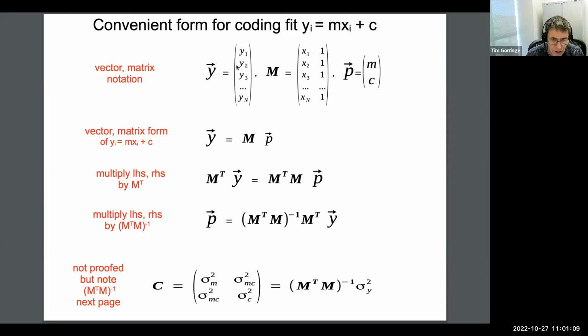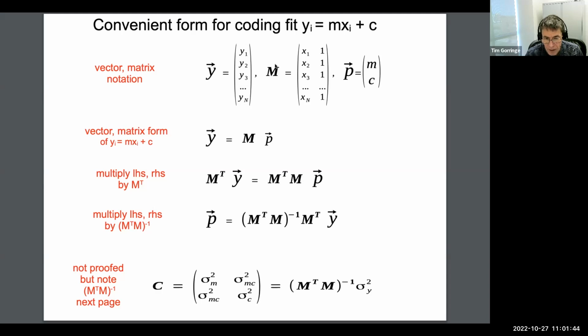The vectors and the matrices are built out of the independent variable, the dependent variable, and the parameters of the fit function. So y here is a vector, and it contains the dependent variable as the elements of the vector: y1, y2 through yn.